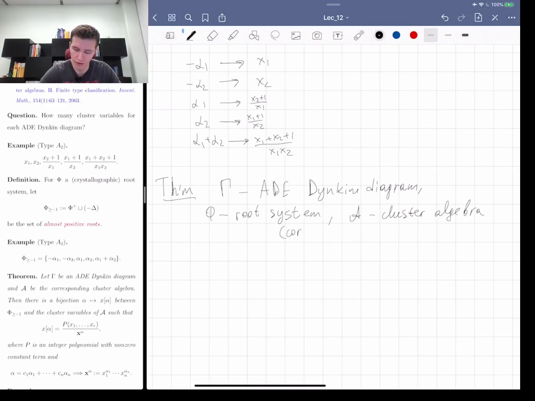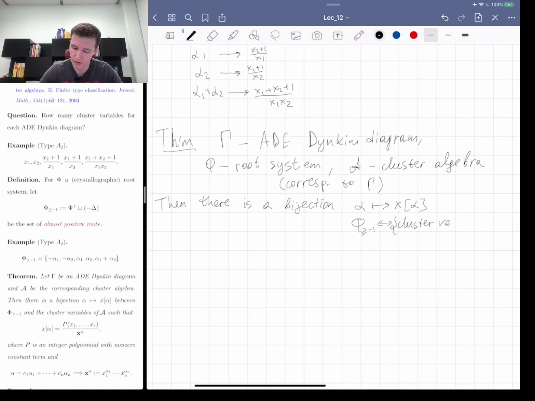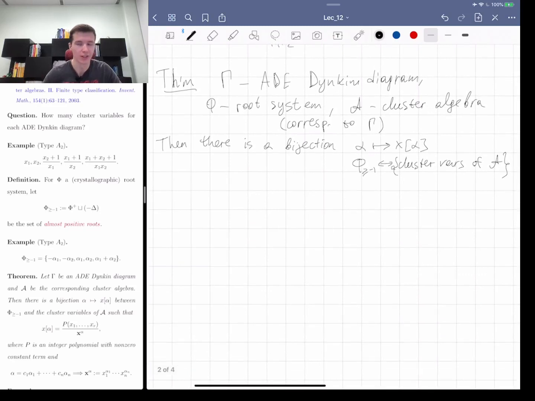Then there is a bijection, which I'm going to denote by alpha to x brackets alpha, between the set of almost positive roots and the set of cluster variables of my cluster algebra A. It's going to work for arbitrary ADE and later for arbitrary Dynkin diagram.